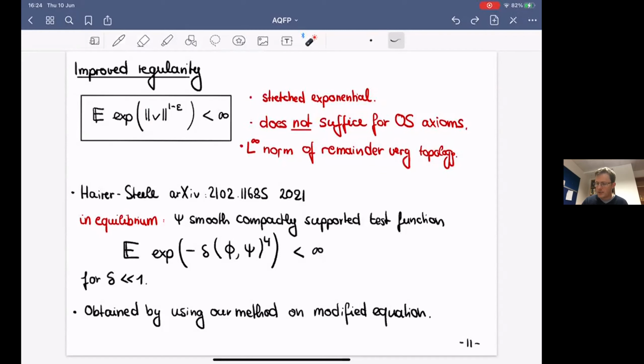But there's a very recent, very nice work by Martin and his PhD student Steele, and they tweaked our method and proved that if you look in a weaker topology, so here we have the L infinity norm of the remainder, which is strong, but they looked only at the original phi field tested with some smooth, compactly supported test function, then they could prove this optimal e to the linear observable to the 4 integrability, which of course corresponds exactly to the e to the minus phi to the 4 in the measure.